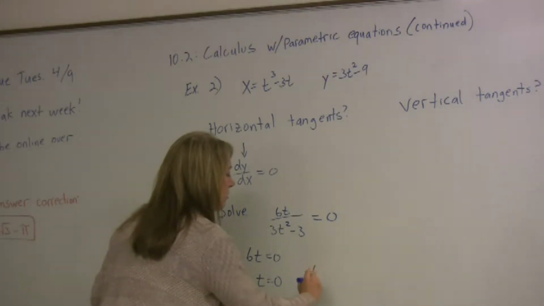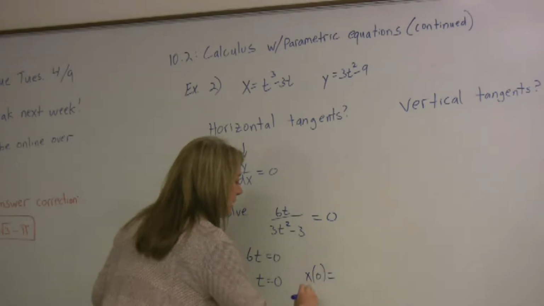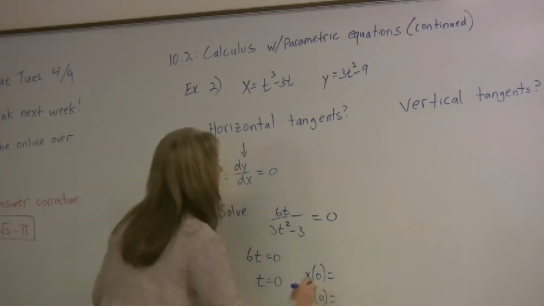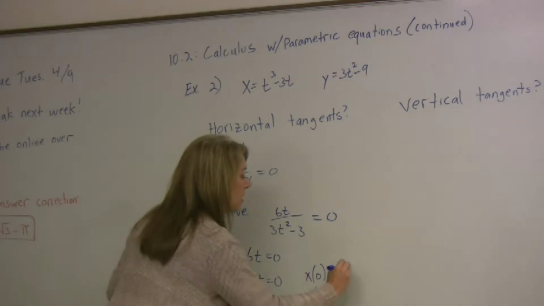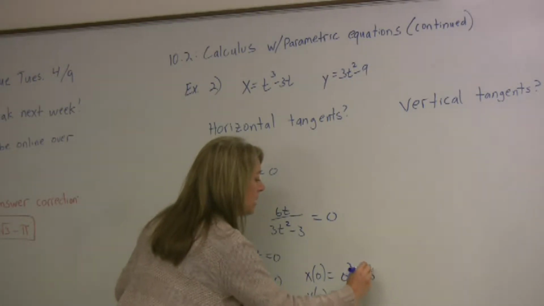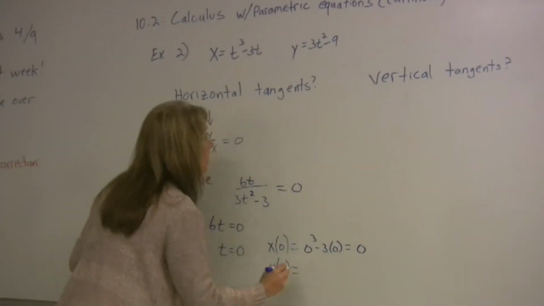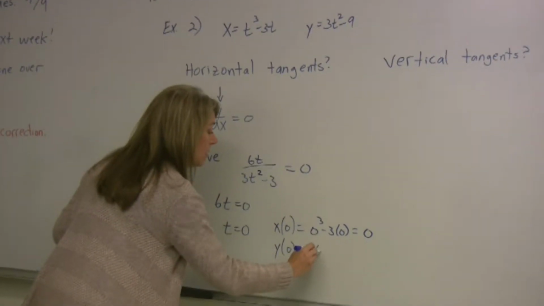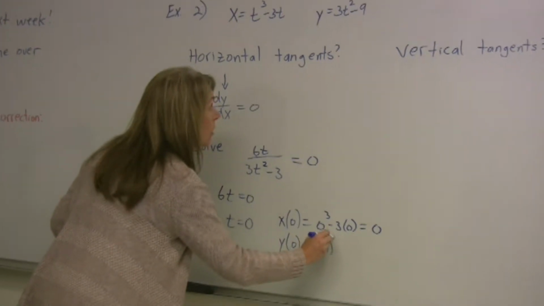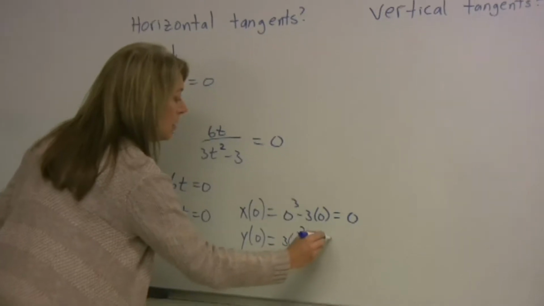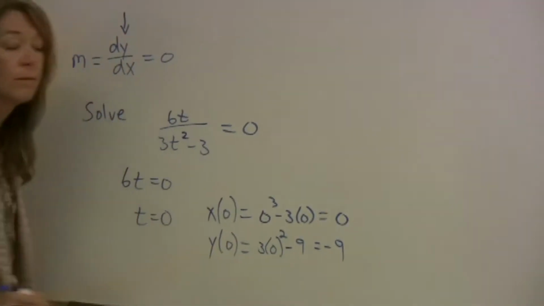So I'm plugging 0 in for t in my x formula and plugging 0 into my y formula. 0 cubed minus 3 times 0 equals 0, and 3 times 0 squared minus 9 is negative 9.